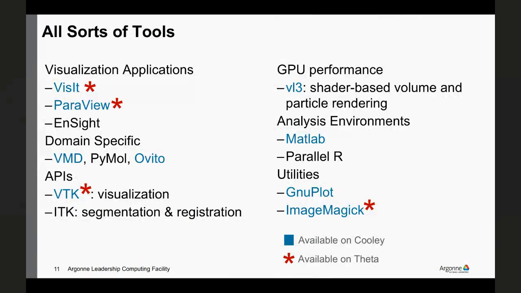There's ITK for doing segmentation and registration. There are also tools that leverage the GPU for performance. So vl3 is a shader-based volume and particle rendering tool that was developed in-house at Argonne and the University of Chicago.